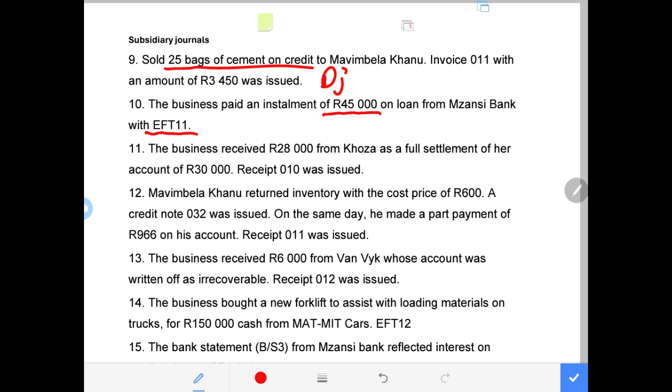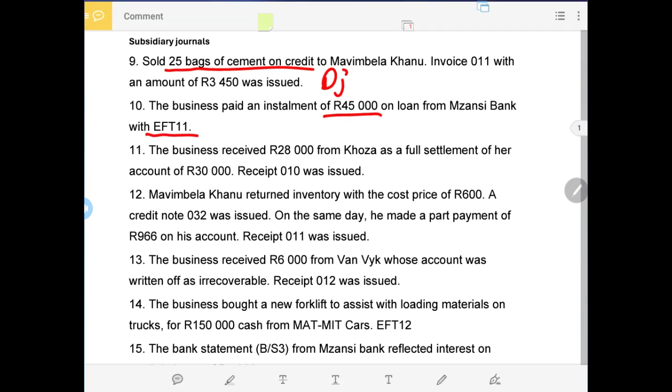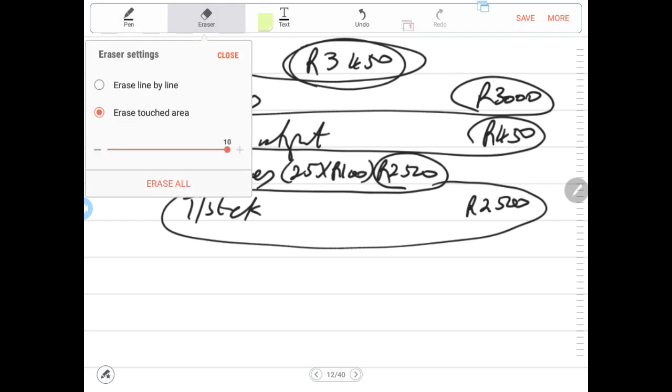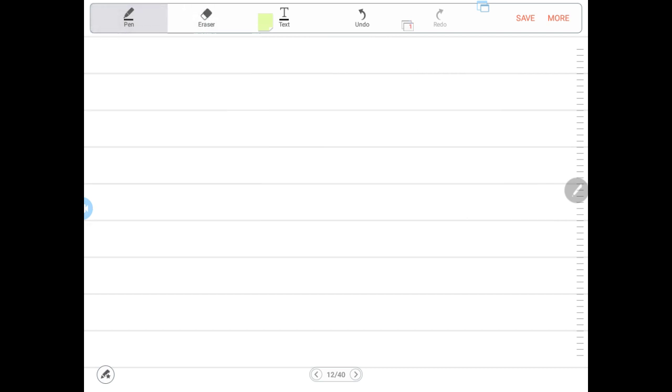The EFT is EFT 11. Now we are paying Mzansi Bank. If we pay Mzansi Bank, money must decrease in our bank account, so we credit our bank by 45,000. This is a cash payment journal. We debit our loan, because our liabilities are decreasing whenever we pay them.